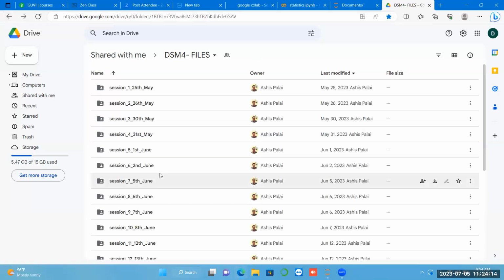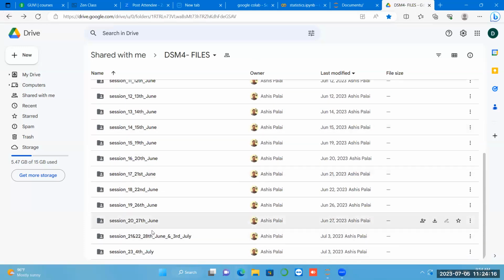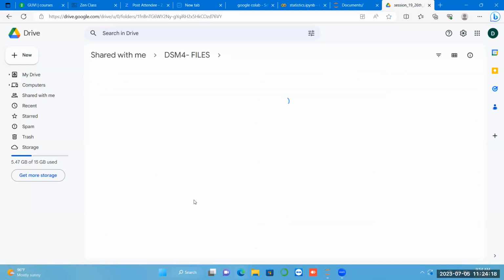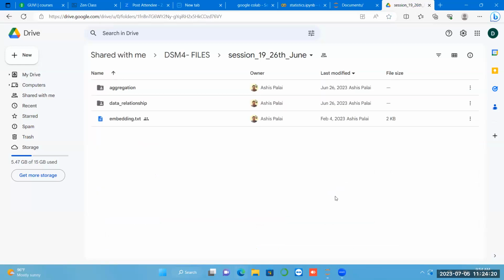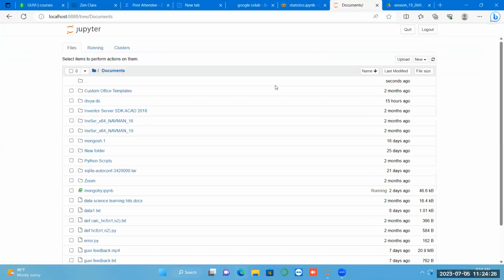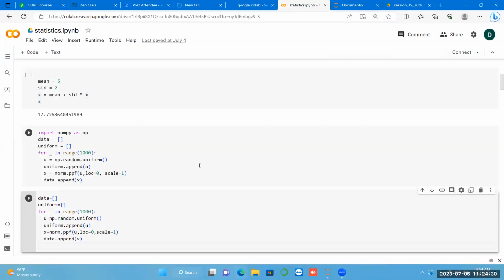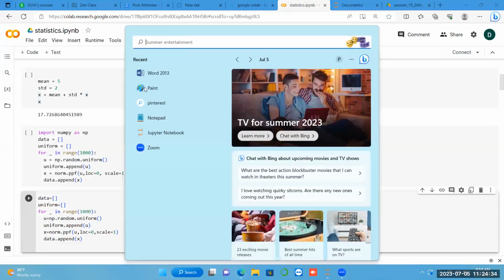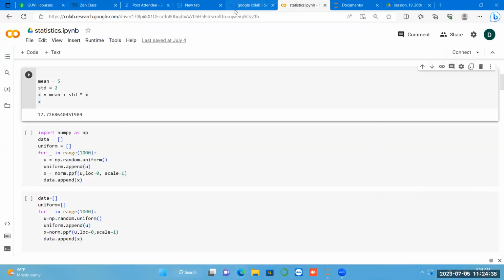So Ashish, you need to replace session 18 with the new file. In 22nd also these files were there, and in 26th also these files were there. Okay, I got it. So I need to replace the older one also. I'm doing that right now. That also I will do.